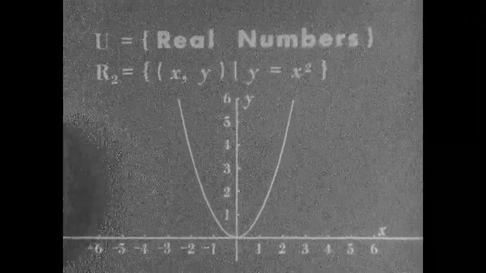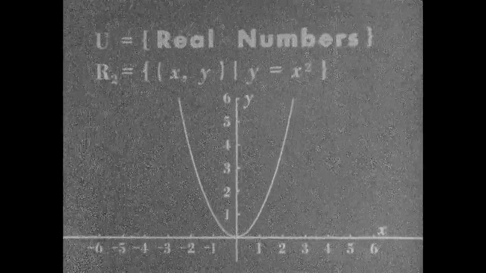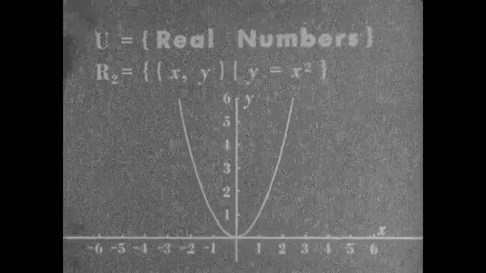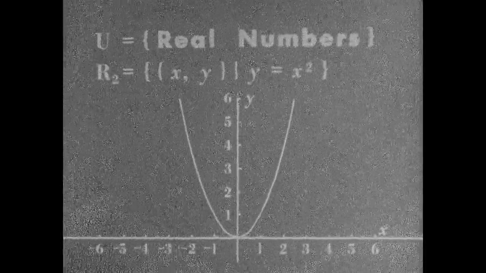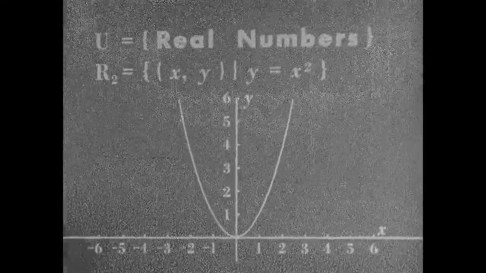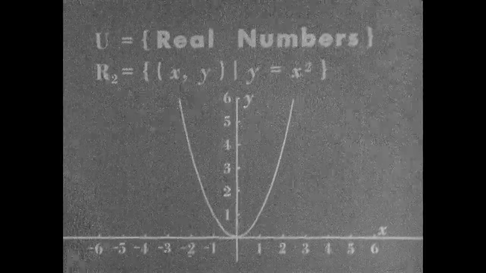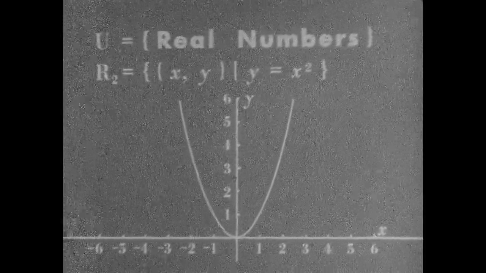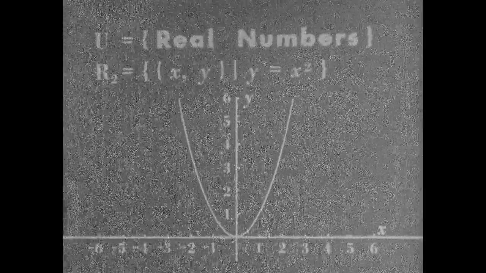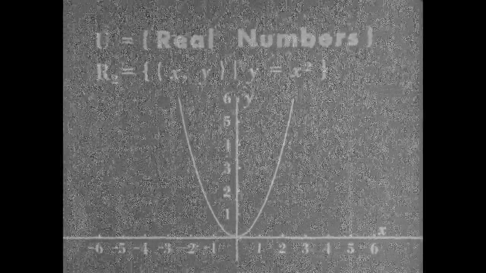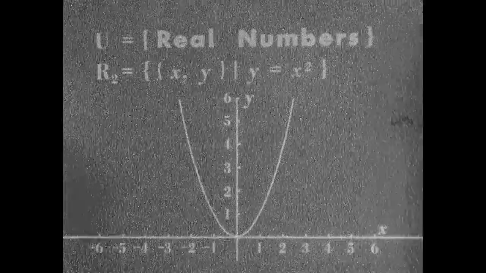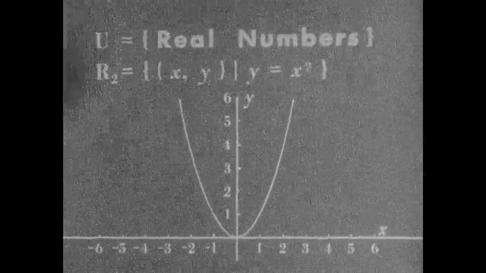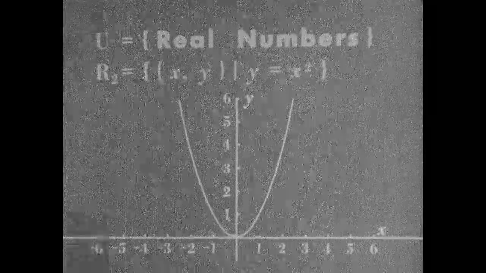This parabola is made up, of course, of an infinite number of points which have coordinates that satisfy our condition. Although infinite in number, they constitute a set of ordered pairs and are a subset of U cross U. Some teachers may wonder why we have restricted the term function to what used to be called a single-valued function.